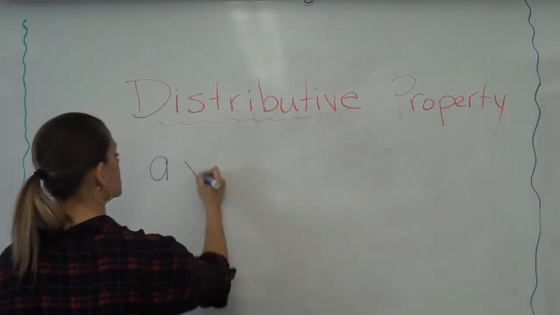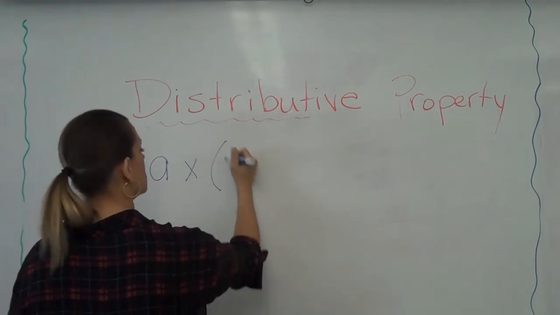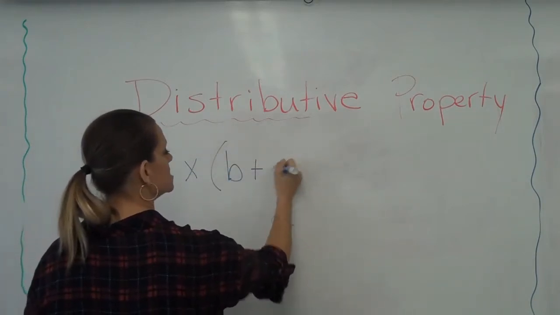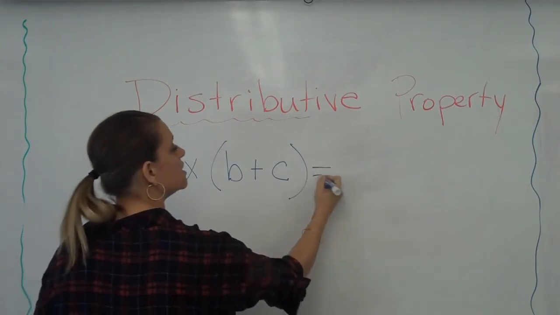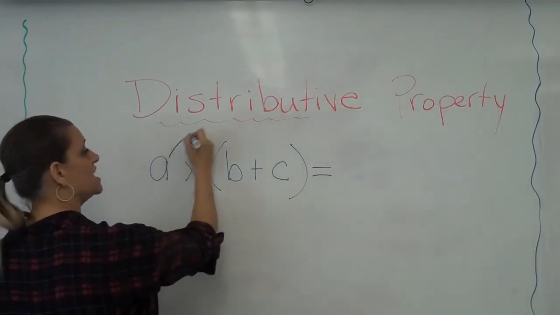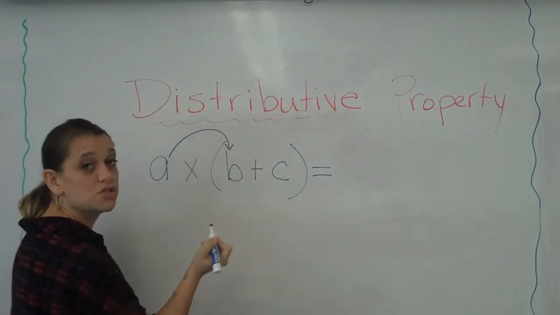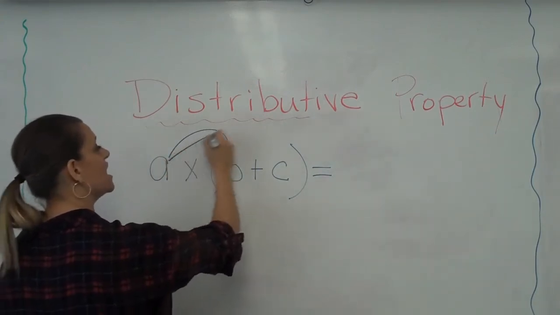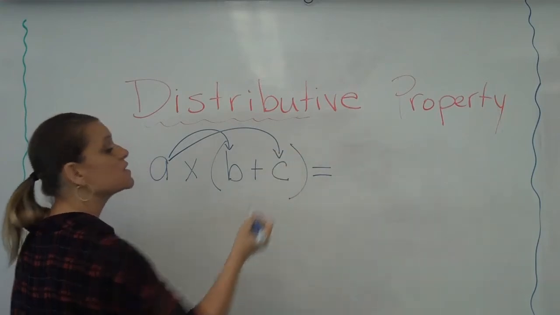A times B plus C. They're saying that this is the same as taking the A and giving it into the B, or distributing it, and taking the A and giving it into the C, or distributing it.